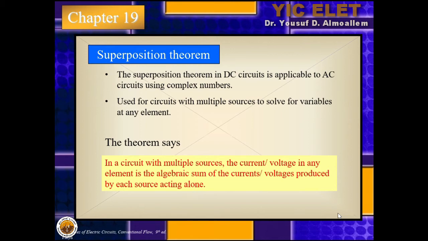So basically, we switch off all sources except one at a time, then calculate the contribution of that source on that specific element. And repeat this again and again till you cover all the sources, and then do the summation.